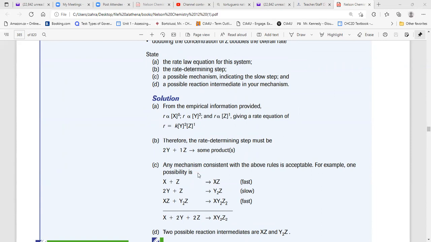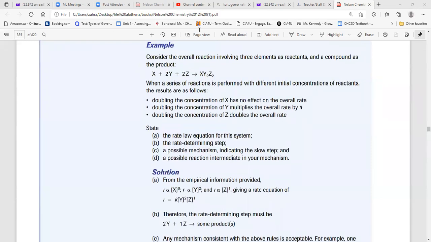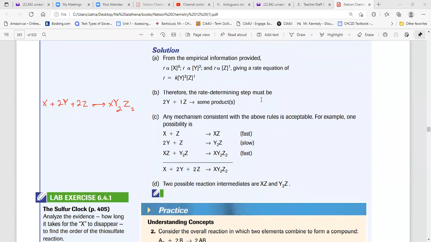Now you want to suggest a mechanism. Let me write down again: X plus 2Y plus 2Z gives you XY2Z2. Now, we know the rate determining step is 2Y plus Z, right?